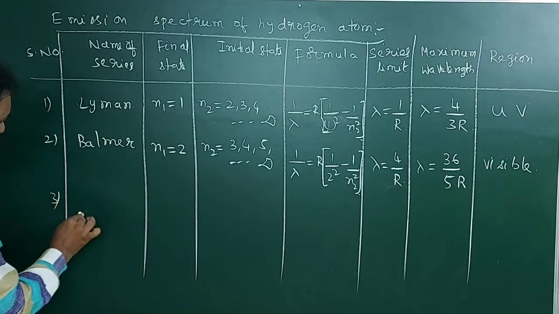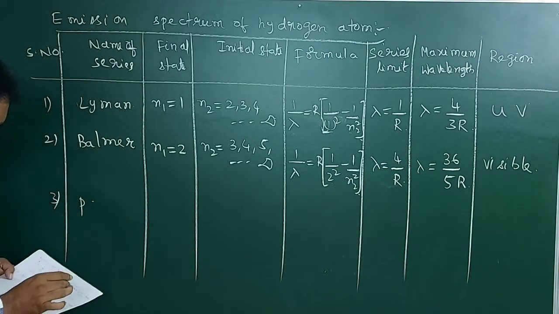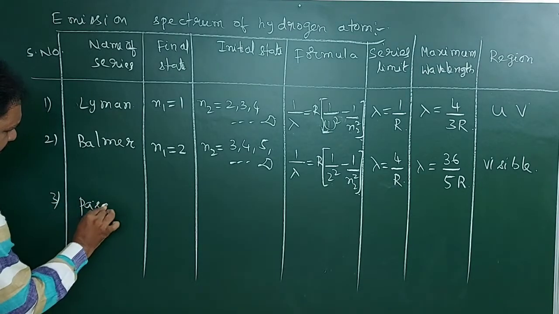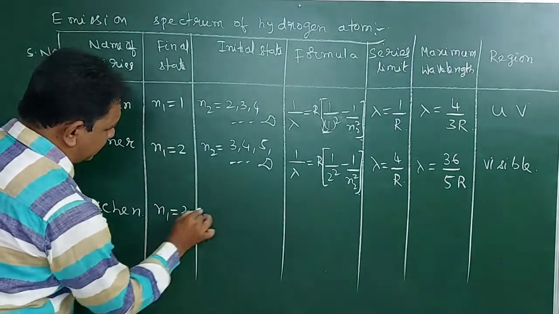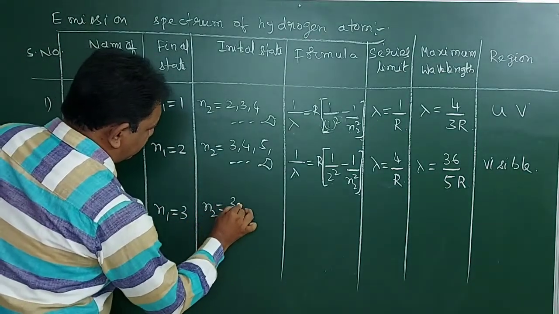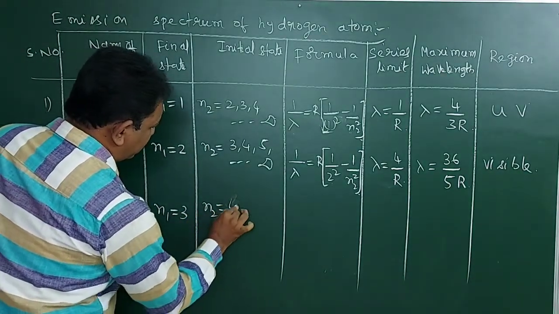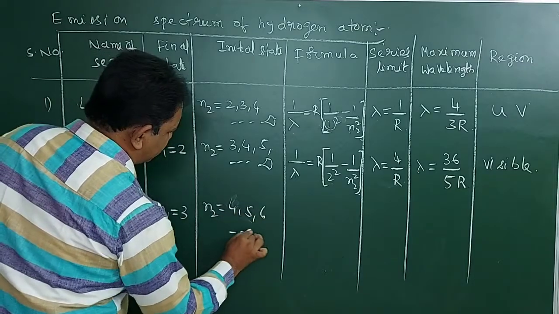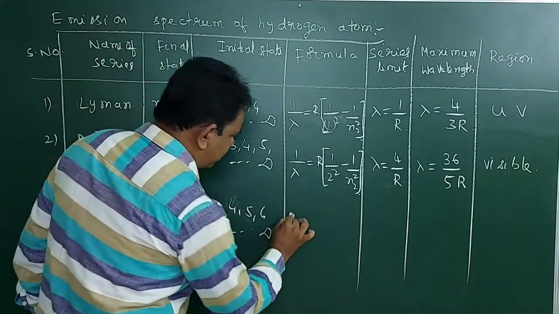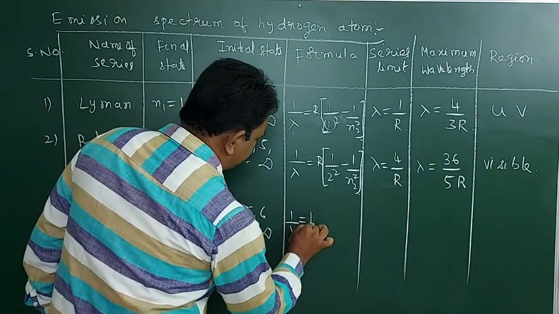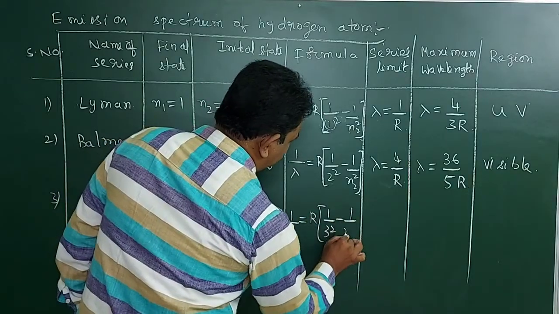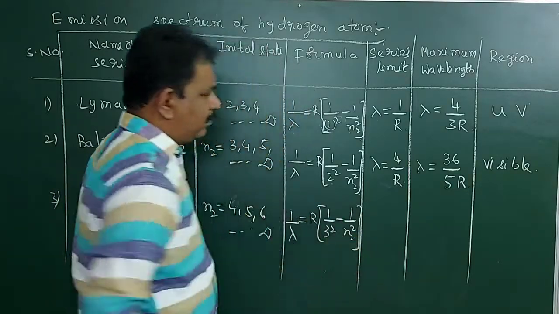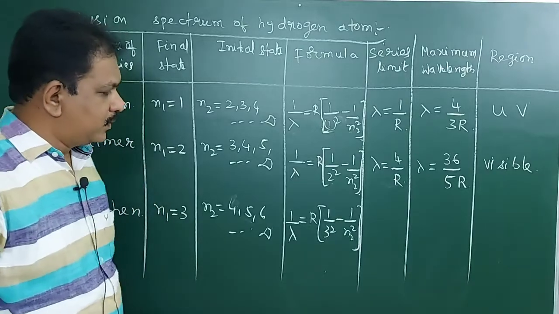Next, Paschen series will come. Here n1 is equal to 3, n2 is equal to 4, 5, 6, and so on to infinity. 1 by lambda is equal to R into 1 by 3 square minus 1 by n2 square.